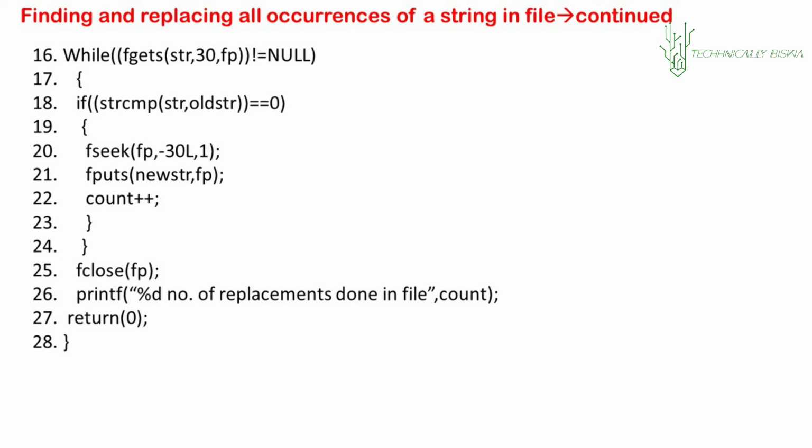We print the number of replacements, close the file, then tell the user this many replacements have been done. Well, it's up to you to give that statement. %ld number of replacements, count. If 0 replacements have happened, it will show 0 because count is already initialized to 0. Alright, and then finish up the program.